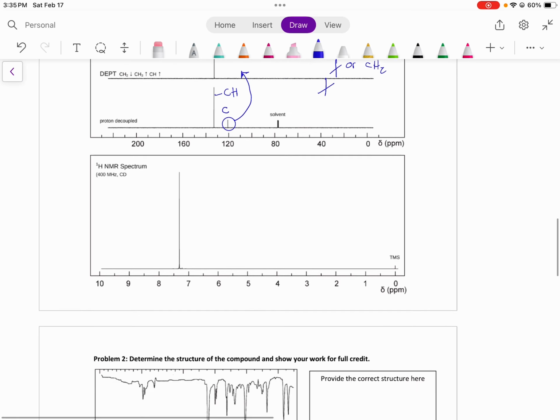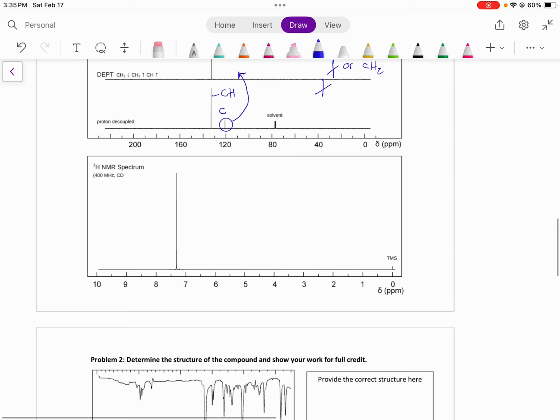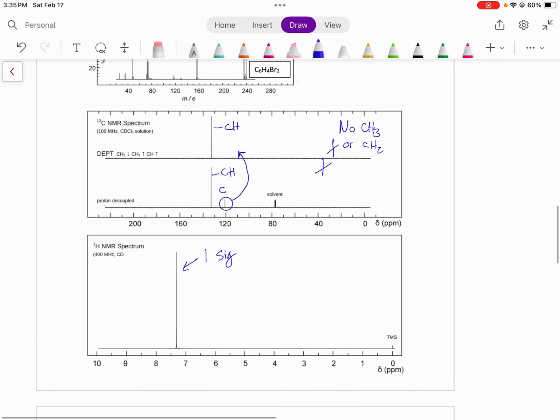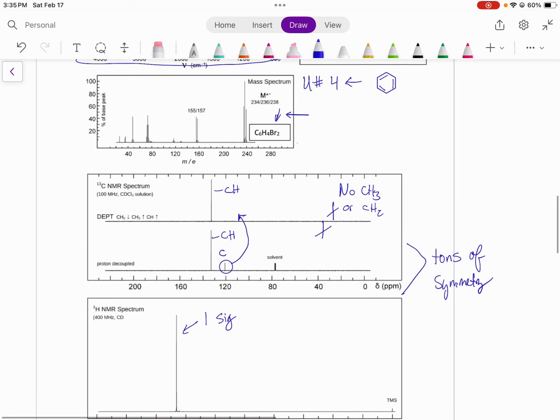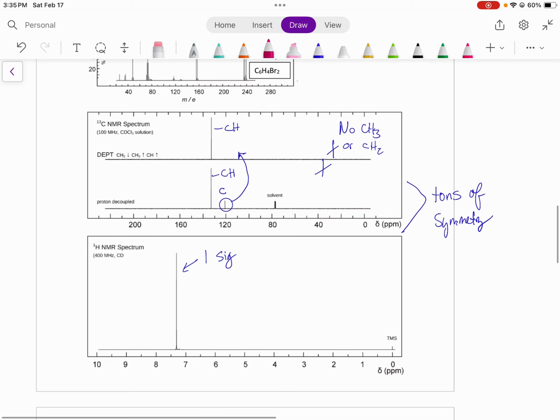So down at the HNMR spectrum, we see only 1 signal for the HNMR, which means between these two things, there's a ton of symmetry in this structure.